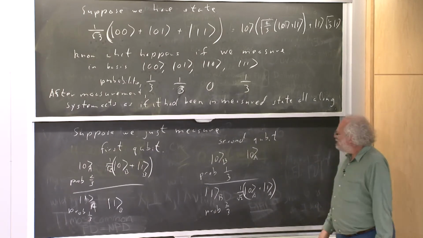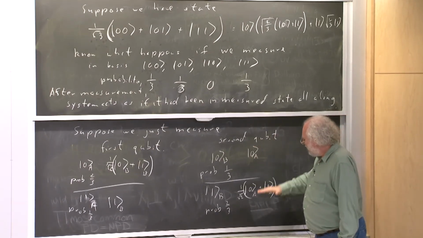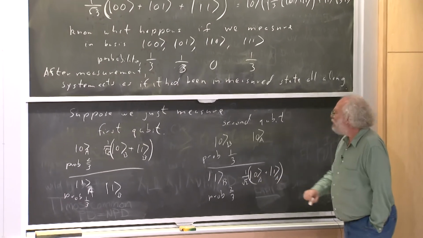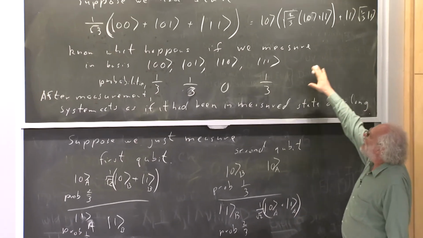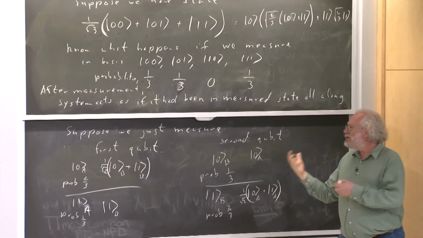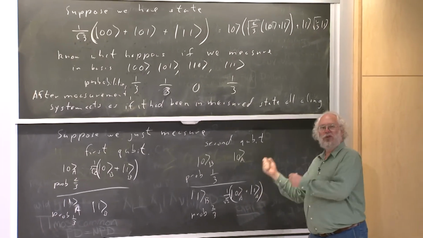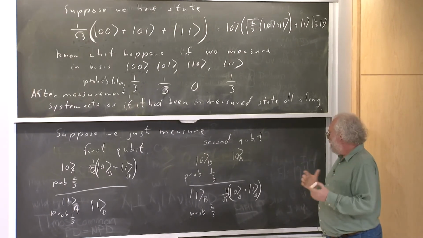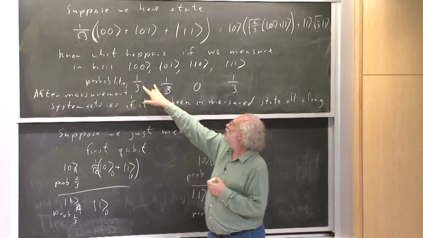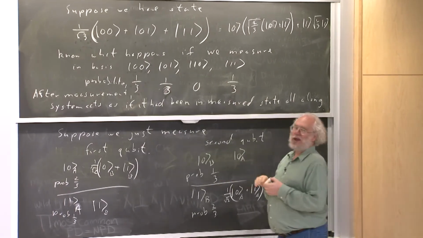And now, if you take this and measure the second qubit, you will get exactly the same probabilities here. So it doesn't matter whether you measure system B first or system A first. What will happen is that you will get the same results as if you measured both of them at the same time.